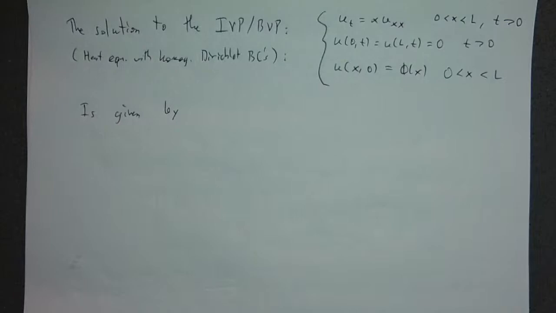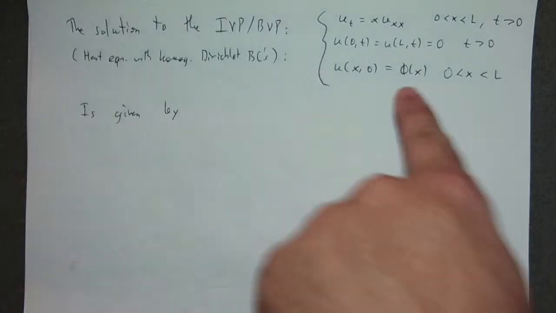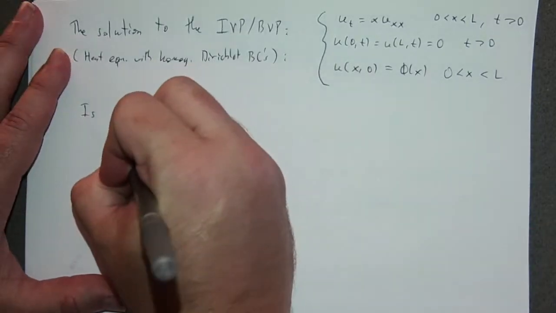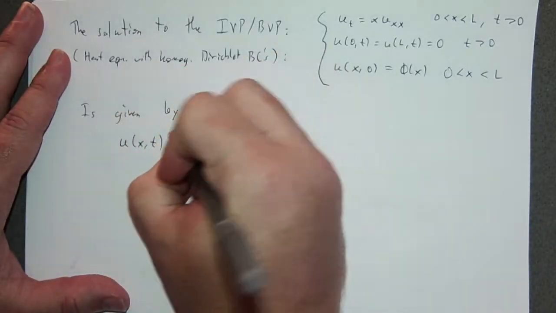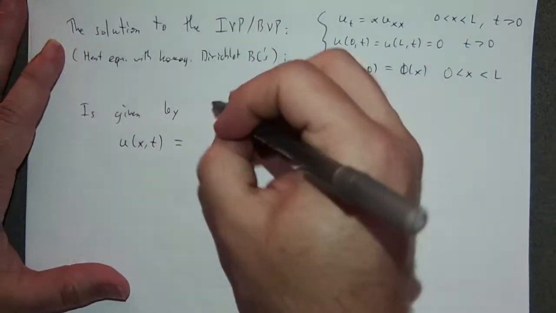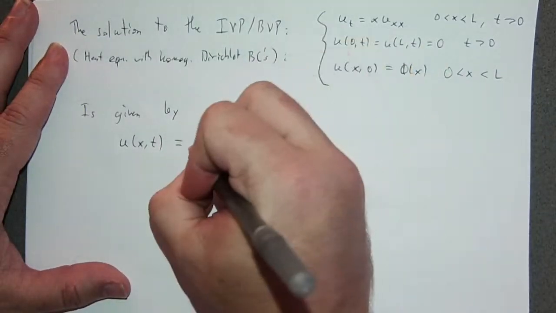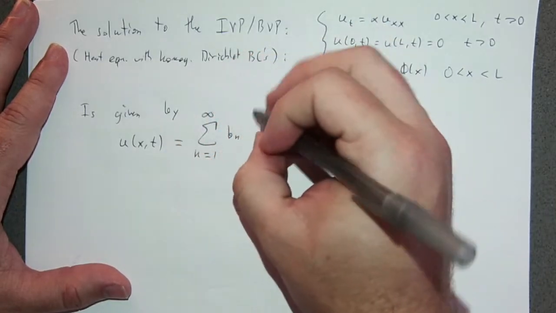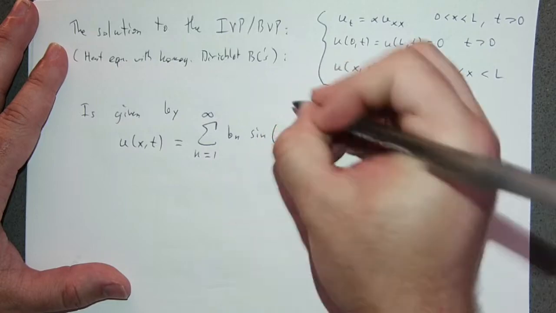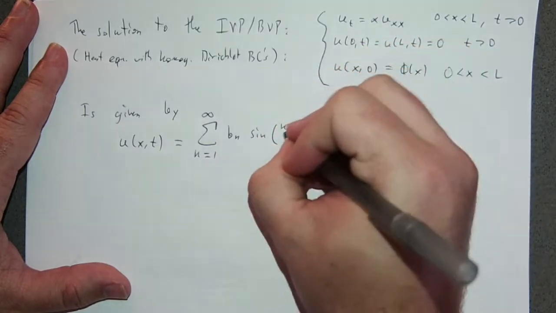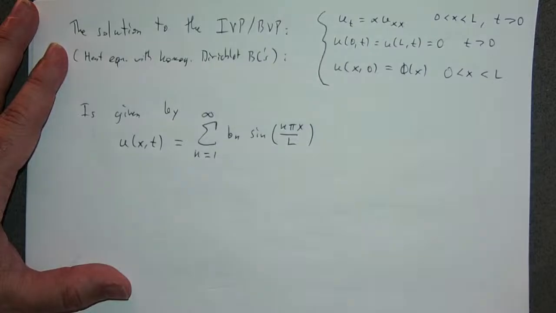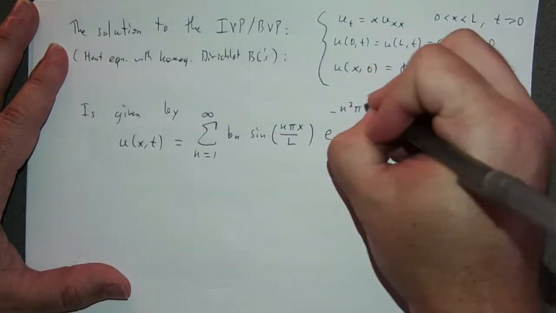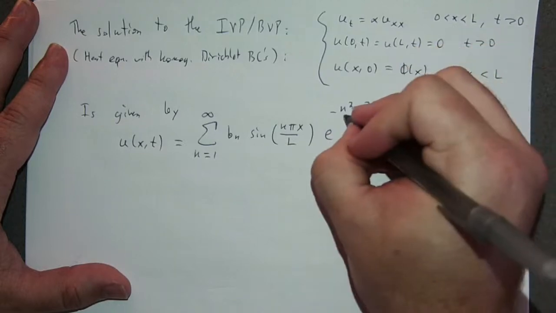So the solution to this is given by u of x,t is equal to the sum from n equals 1 to infinity of b sub n sine of n pi x over L e to the minus n squared pi squared alpha t over L.